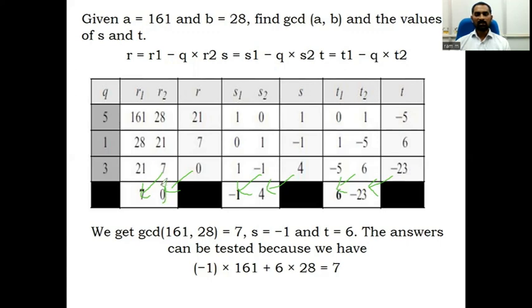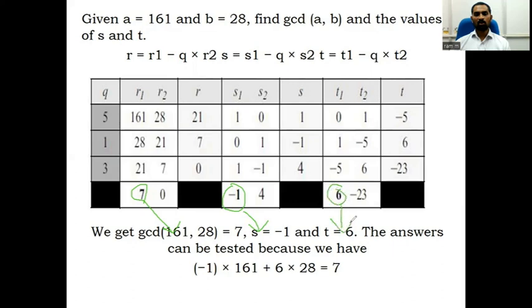Here, the value of R2 is equal to 0, which says according to the extended Euclidean algorithm, you need to stop the process. Whatever value we have at R1 will be the GCD, whatever value at S1 will be the S value, and whatever value at T1 will be the T value.